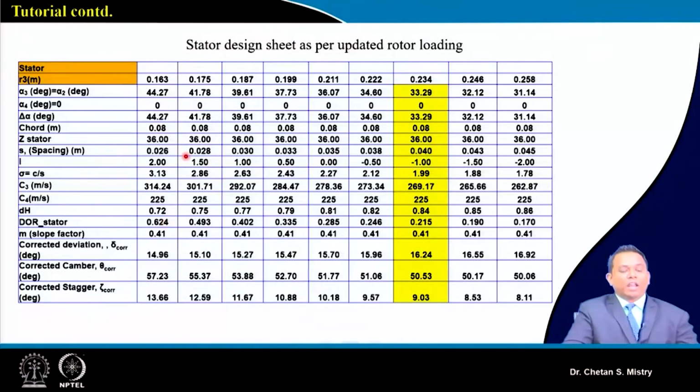We have done our calculation for the number of stator blades, which is say 36, and again in this case the incidence angle at the hub we are taking as positive 2 degrees. Here we are assuming our incidence angle at the tip to be say minus 2 degrees. Okay, and this is all the calculation at the hub station.